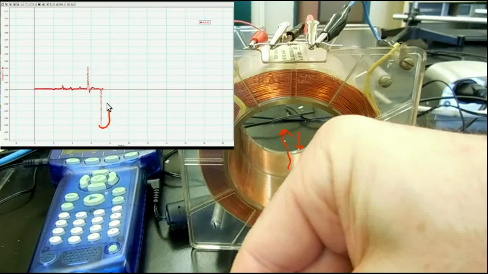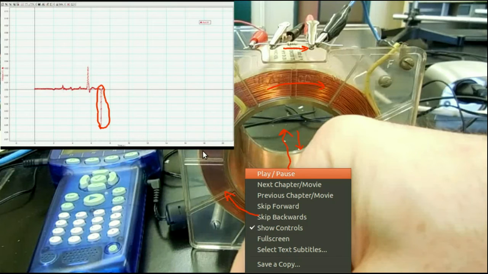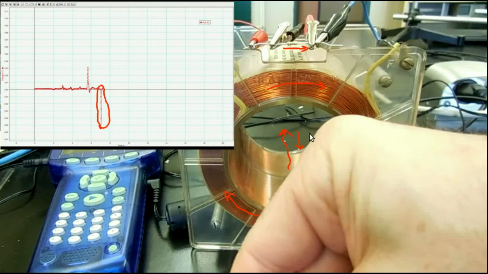Well, if you look, that resulted in a negative voltage on our voltage probe, which is indicating a current this way through the resistor, which means the current was going clockwise in the coil. And if you do your right-hand rule, that means that the B field due to the coil is that way, in away from us, opposing, again, this delta B.